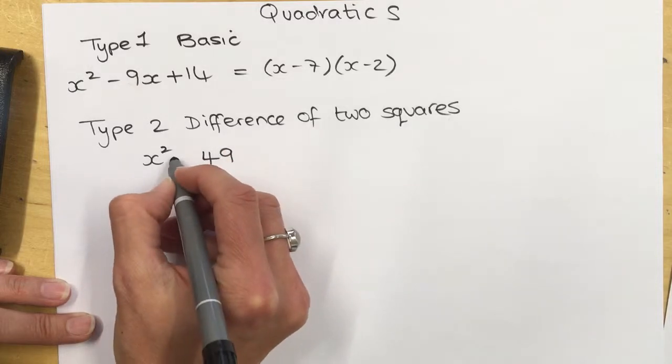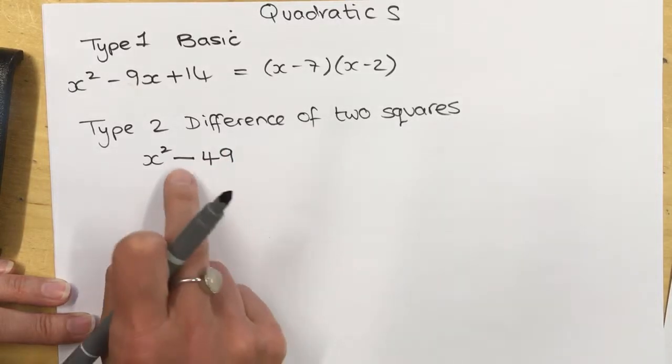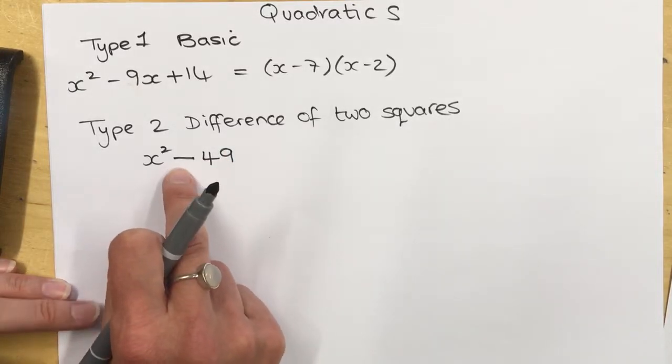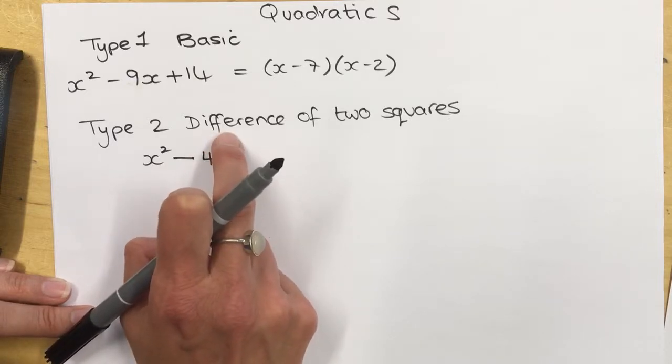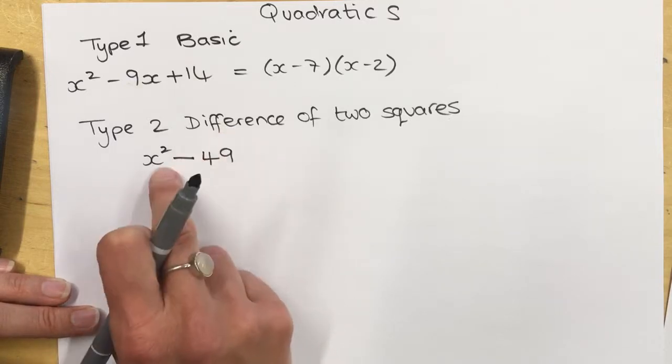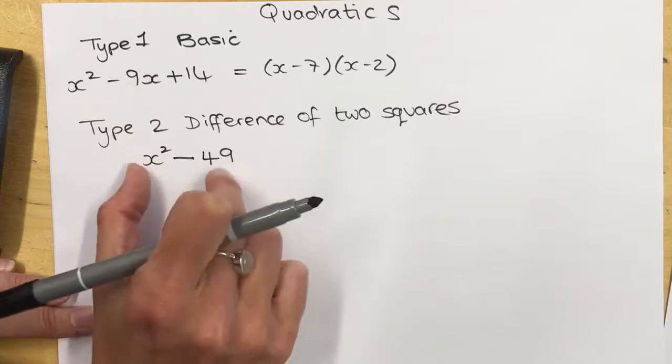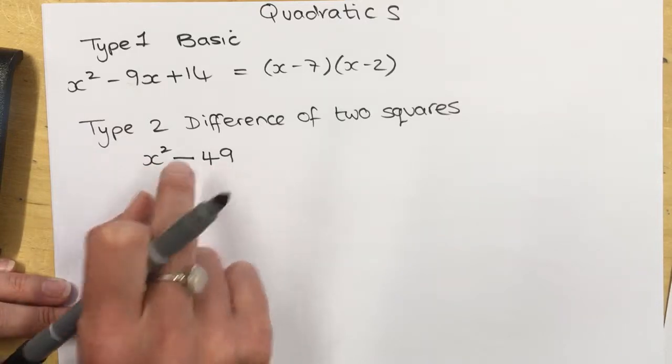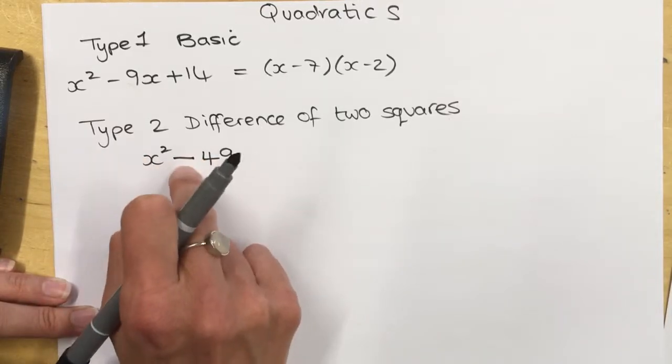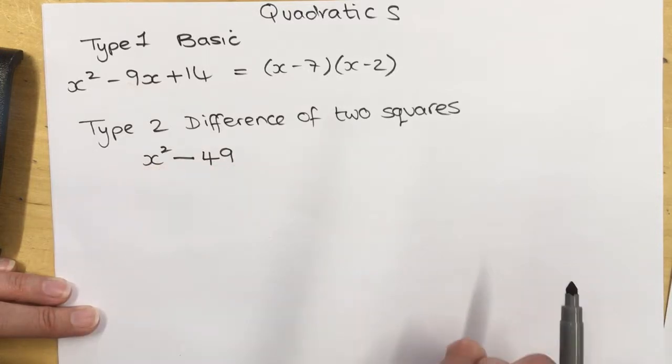And in between that we have a minus sign. That's important. It has to have this subtraction sign, which is the bit that relates to the difference. So it's the difference of 2 squares, an x squared and 49, both squares, and this is the difference. So that's the difference of 2 squares.